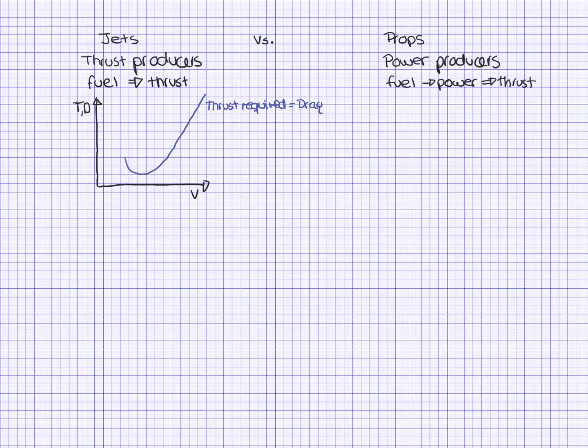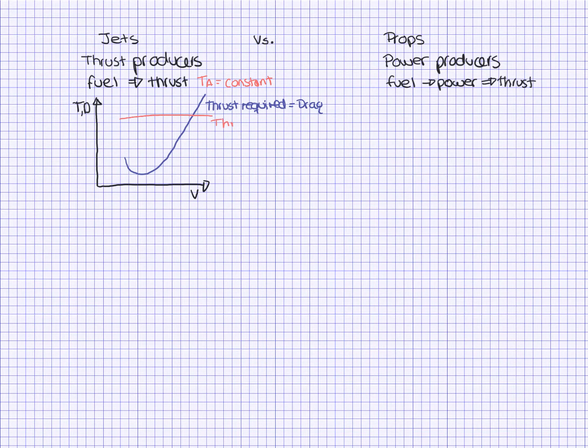So we said that jets are thrust producers because they transform fuel into thrust, meaning that the thrust available, or the thrust output, for jets is going to be constant. So we're going to draw the thrust available for jets, and it's going to be roughly constant, so roughly a straight line.